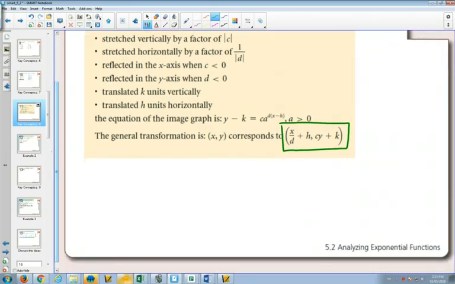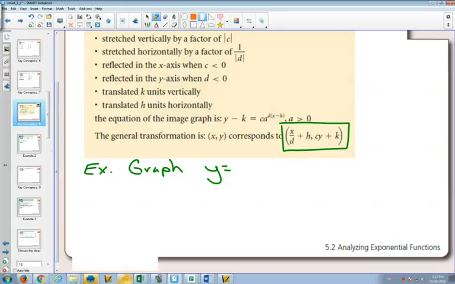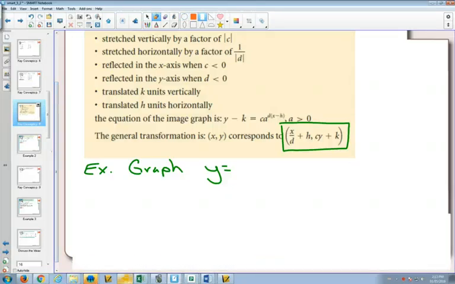At the bottom of the page here, we're going to add an example. We're going to graph y equals negative 5 times 3 to the 2x plus 4, minus 7.